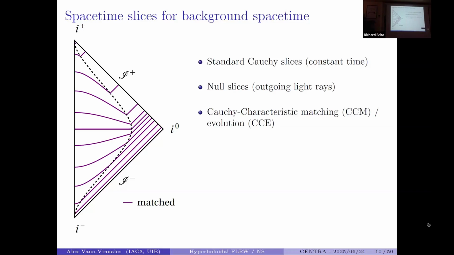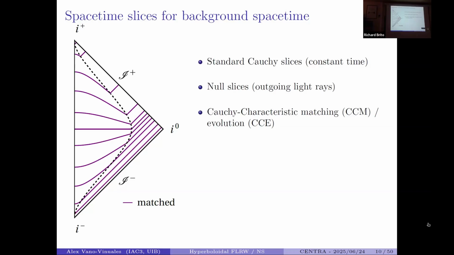So the information evolved can reach future null infinity in an unambiguous way. And if you're into gravitational wave modeling, then you may know that CCE, Cauchy characteristic evolution, is the current method, since scri is technically the only location in space where you can extract gravitational wave radiation in an unambiguous way.